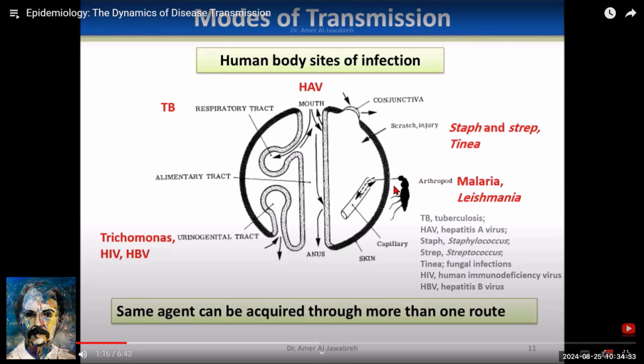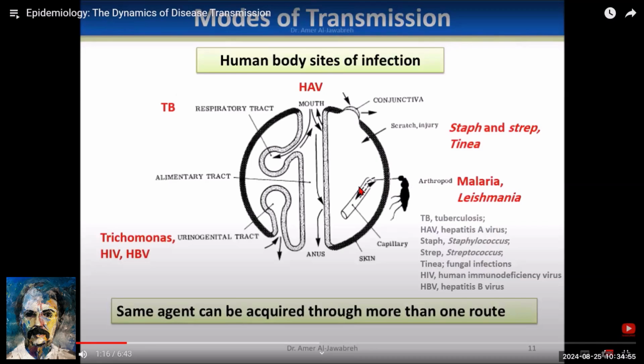Also, you can get the needle, finger prick, also through skin. You can have scratch and injury, like Bartonella from cats, or Staphylococcus, or Streptococcus, or even tinea, which is a fungal disease. We call it ringworm: tinea pedis, tinea capitis, and tinea rubrum.